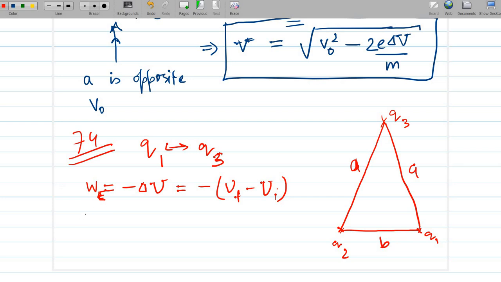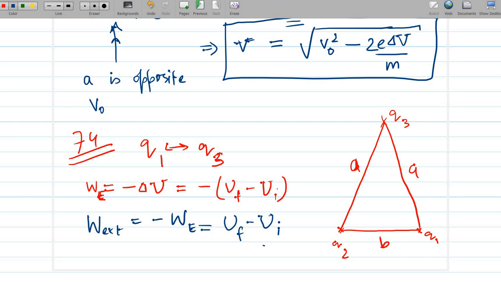So W ext is equal to minus the work done by the electric field. The work you need to do has to be opposite to the work the electric field will do. And so we have UF minus UI.